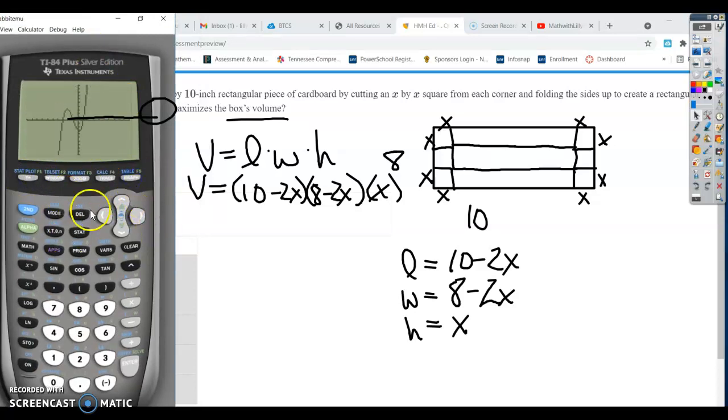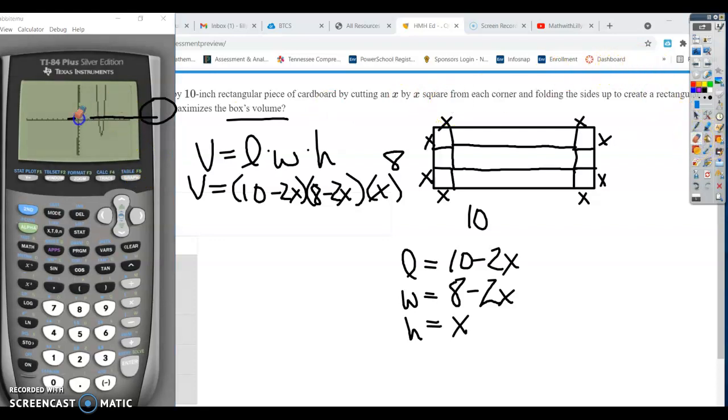So clear out the last one. And then we're going to enter the new one. So we're going to enter 10 minus 2x, 8 minus 2x, and then times x. We're going to hit graph.